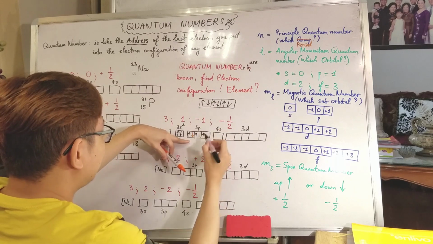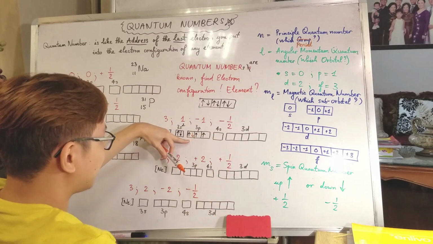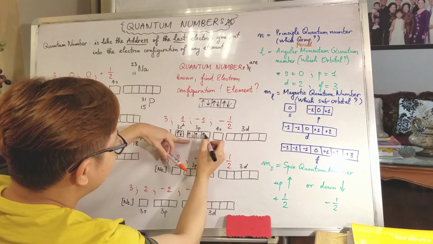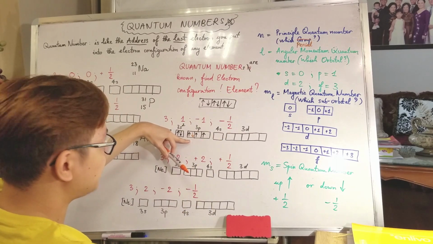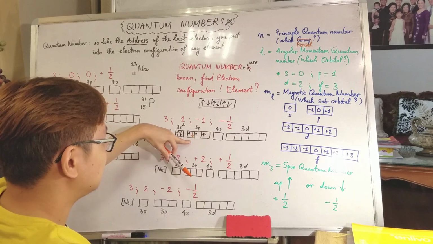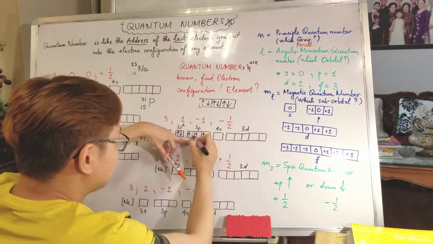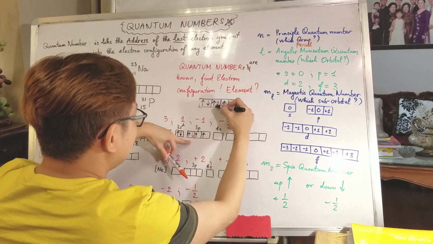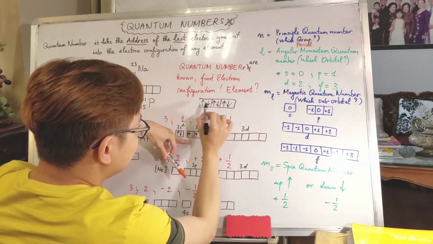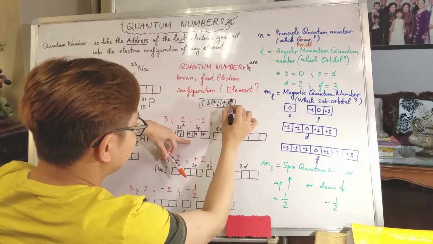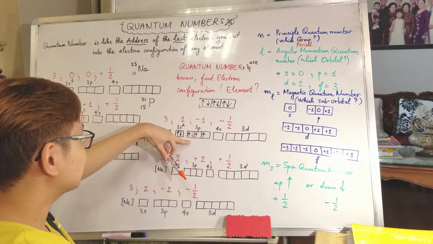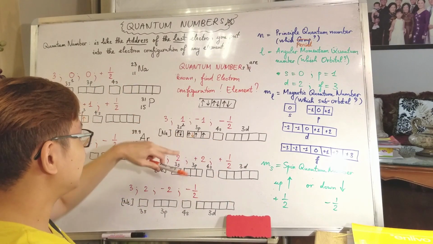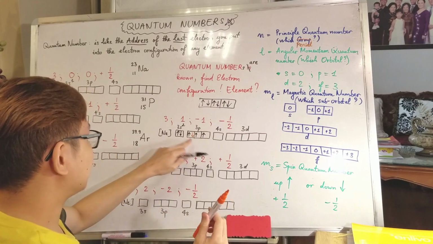And because it's going down and it lands here at the left square, the other square will not be filled, according to Hund's rule, because it ends here. Remember? Here, here, and then here. But if it ends there, there will no longer be anything on the other square. Alright? So this is the last electron there.